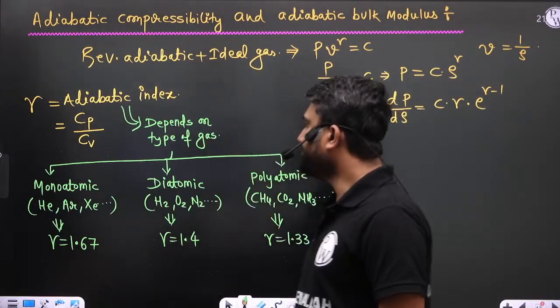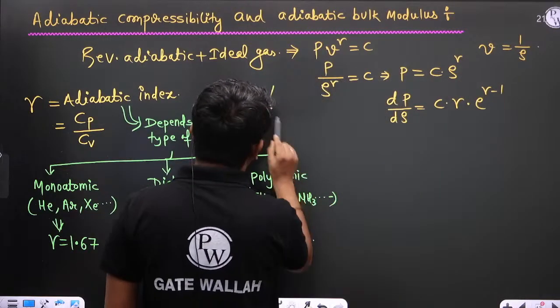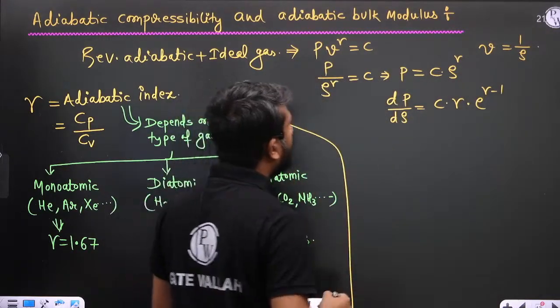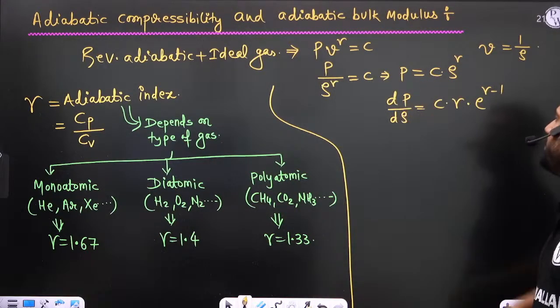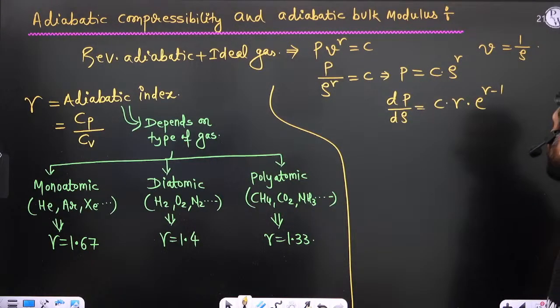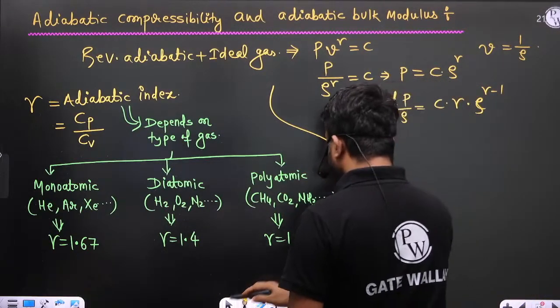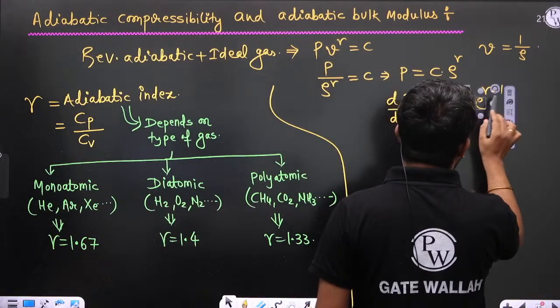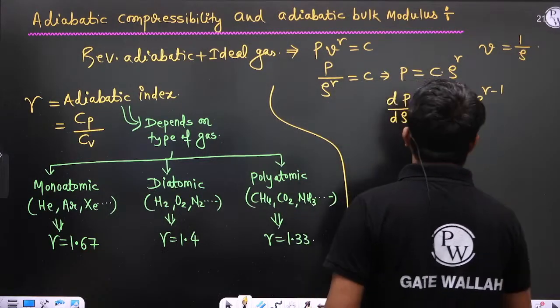Now come to here. dP by d rho: if you differentiate this term, you get dP by d rho equal to C gamma rho to the power gamma minus 1.